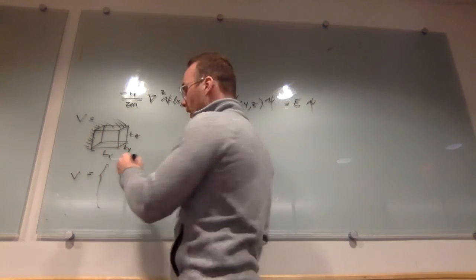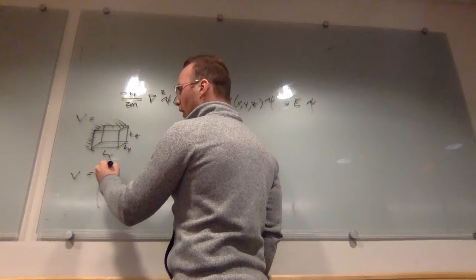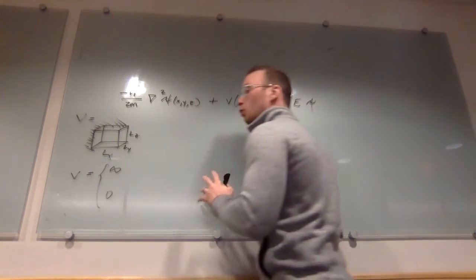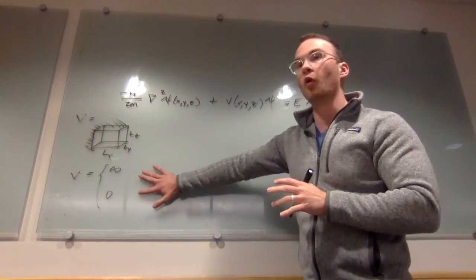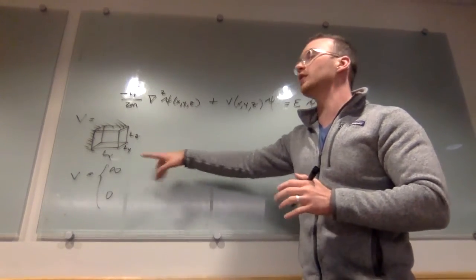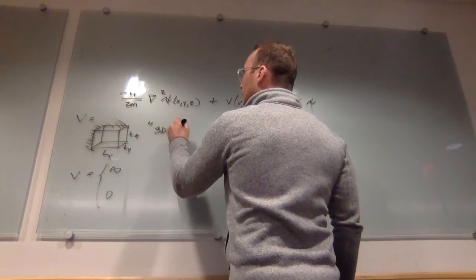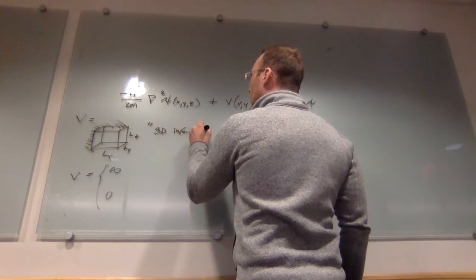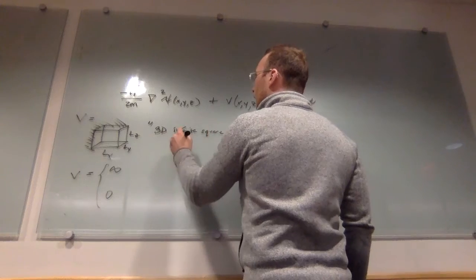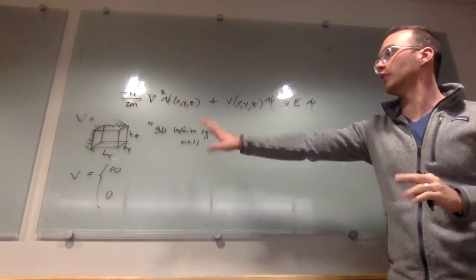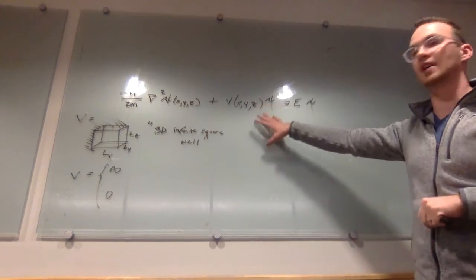Sorry. So if you wanted to write it out mathematically, in a form where you didn't want to draw a thing, they could call it a 3D infinite square well. So these are 3 separate names for the same problem.